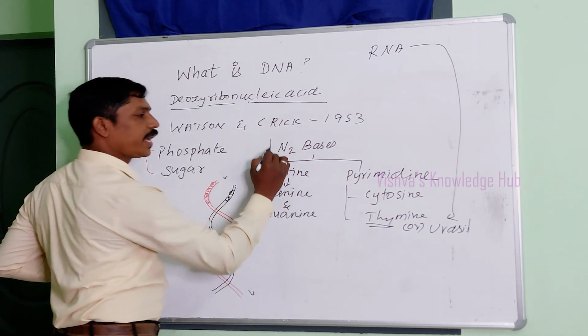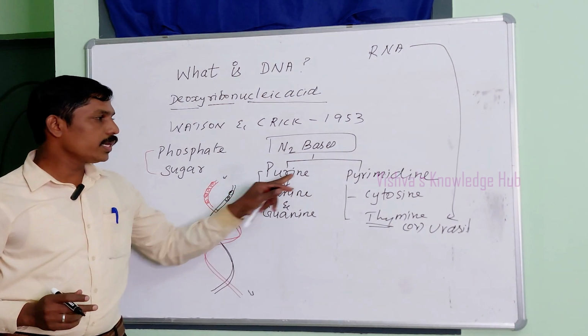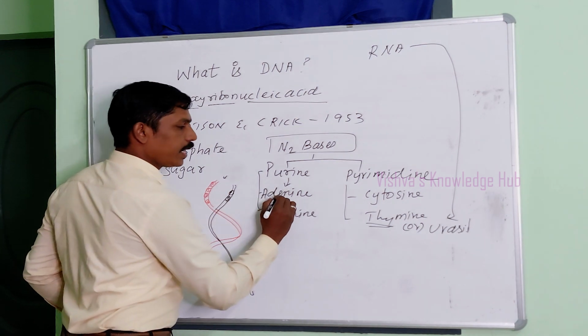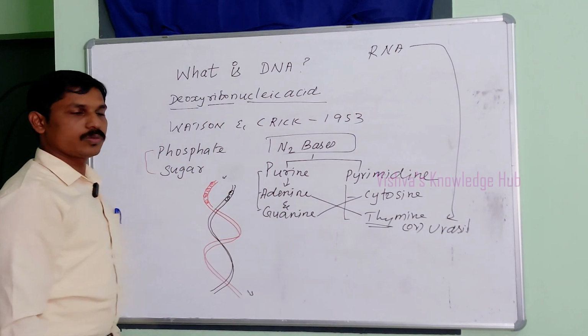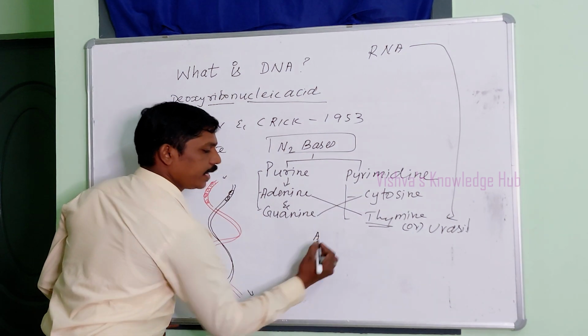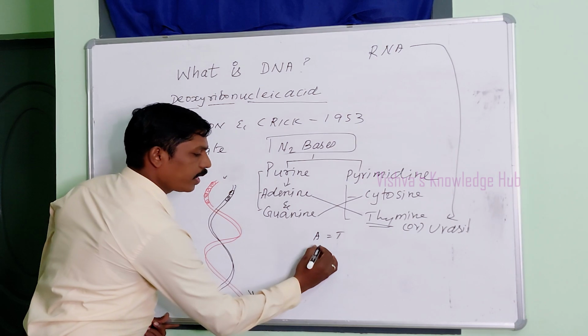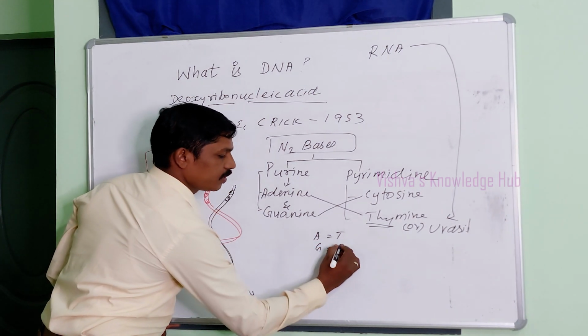What is the role of nitrogen bases? The nitrogen bases, one purine is bound with one pyrimidine. For example, the adenine is bound with thymine and guanine is bound with cytosine. The adenine always binds with thymine. Guanine always binds with cytosine.